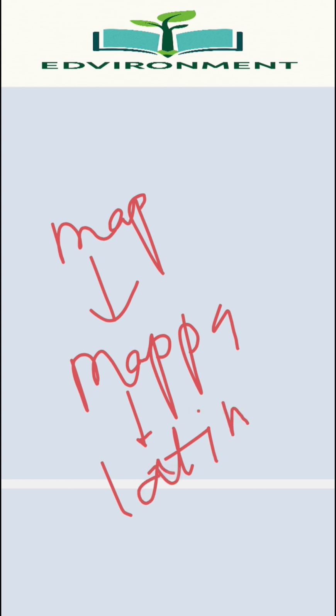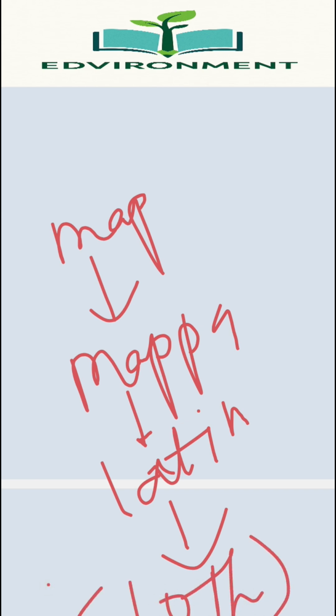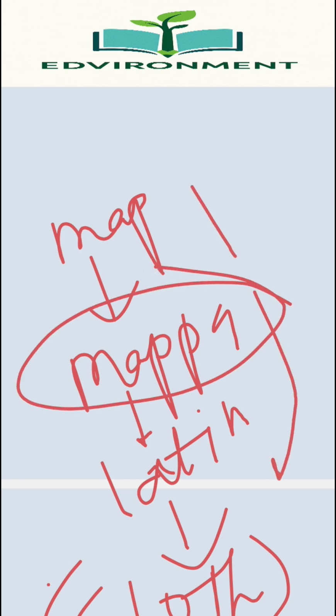In Latin it is mappa. So what does mappa mean here? It is a piece of cloth. Mappa, in the sense of a piece of cloth. So the word comes from Latin, where it is known as mappa, and later it changed to the word map, which we use nowadays. So this was the origin of map.